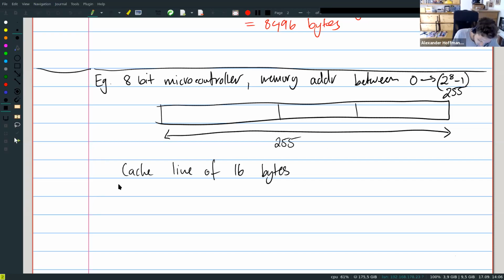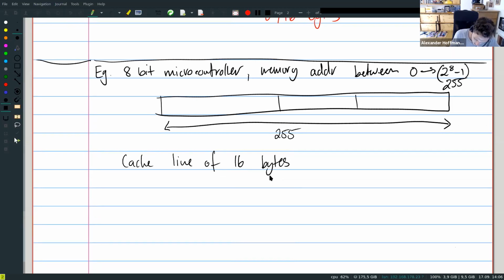So I can do the math now, and let's say my cache is, how big would my cache be?